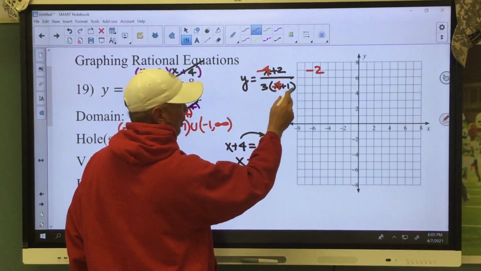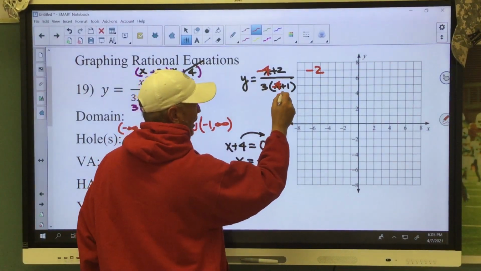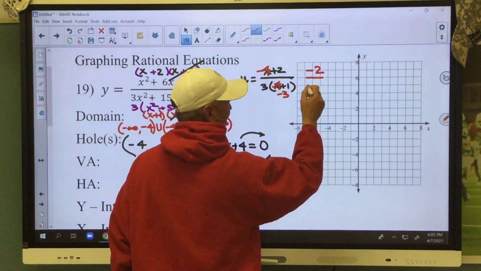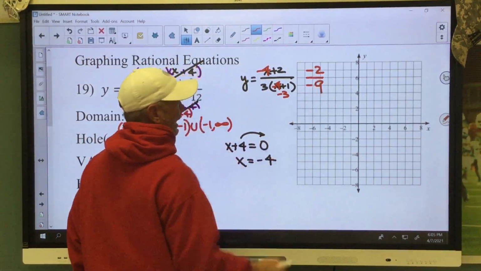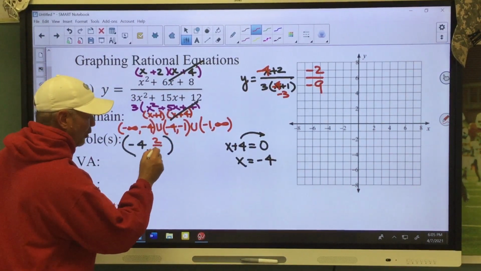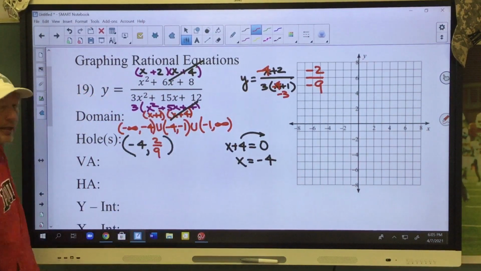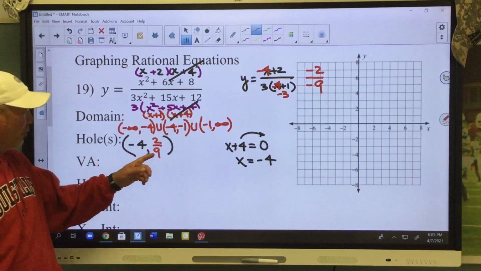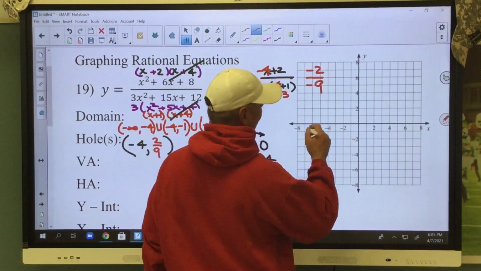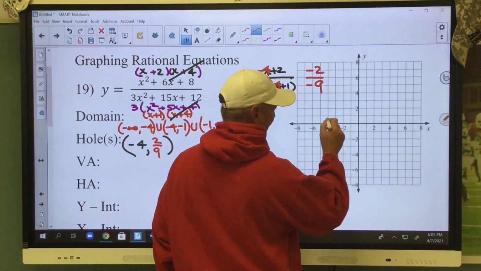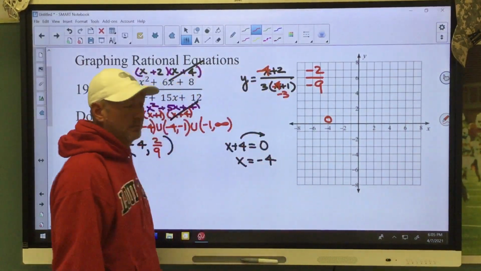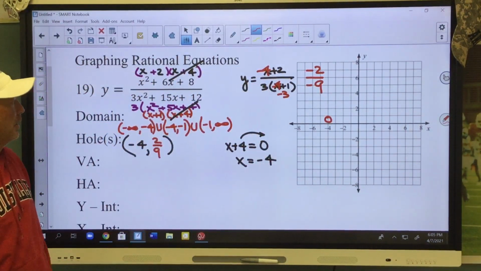And negative 4 plus 1 is a negative 3. 3 times negative 3 is a negative 9. The negatives cancel, and that's going to leave me with a positive 2 over 9. Okay? So we're going to go over here to our graph, and at negative 4, positive 2 over 9, we're going to have something that looks like this, a little hole about right there. Okay? Good?